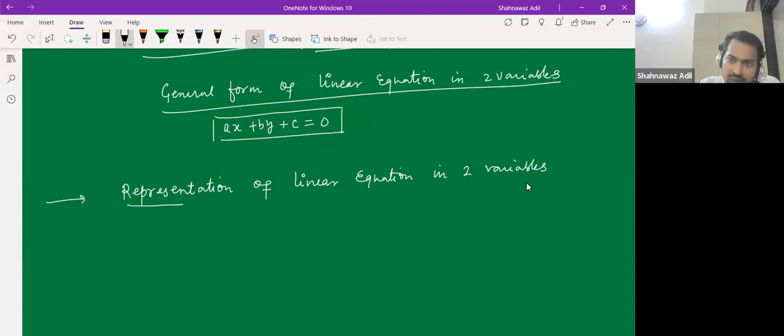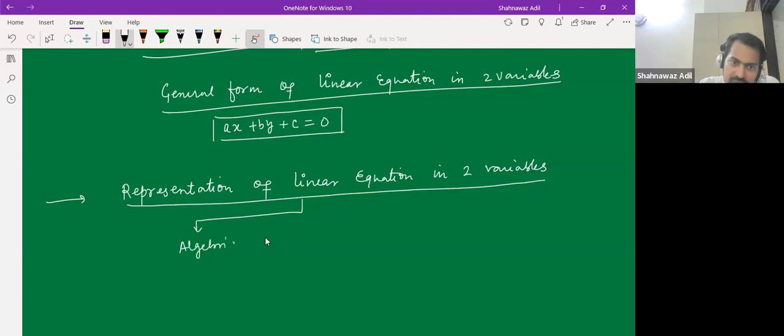So what are the two representations? One is the algebraic and the other one is the graphical. So algebraic representation and a graphical representation.